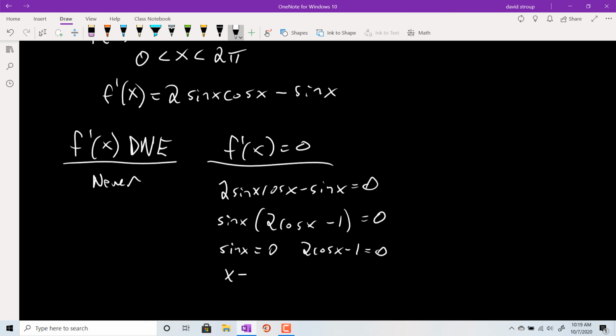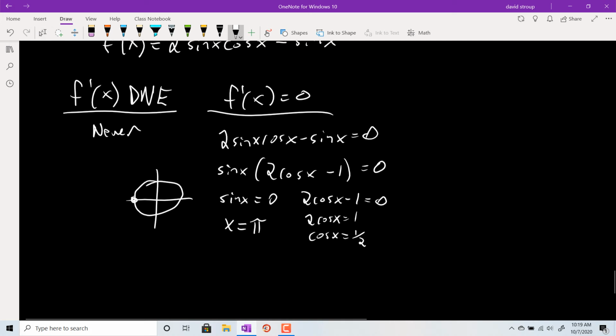So sine x equals 0 in the interval from 0 to 2 pi when x is equal to pi. And then solve the other guy, 2 cosine x is 1, so cosine x is 1/2. And then I'm thinking, where does that thing equal 1/2? Well, that's going to be at pi over 3, so that's one of my answers. And then 5 pi over 3 in the fourth quadrant. Okay.